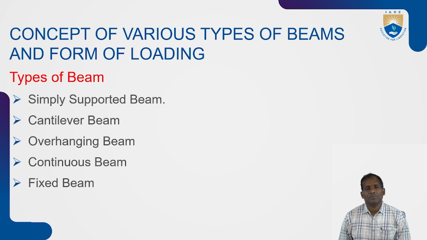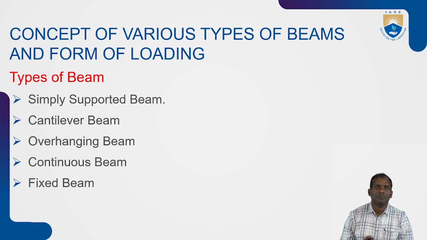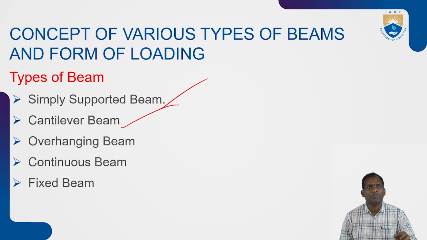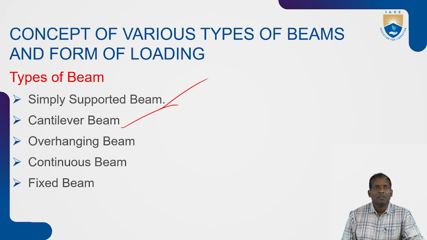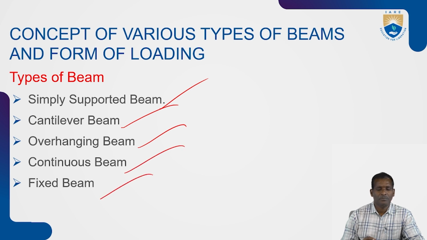So, types of beams. According to the nature of supporting edges and according to the nature of loads, the beams are classified into different types. One is the simply supported beam, second the cantilever beam, third the overhanging beam, fourth the continuous beam, and the fixed beam.